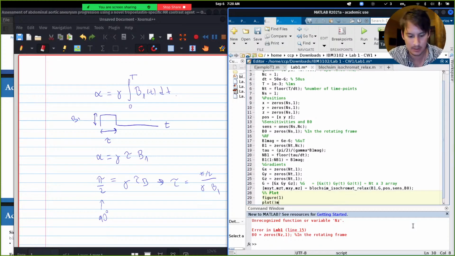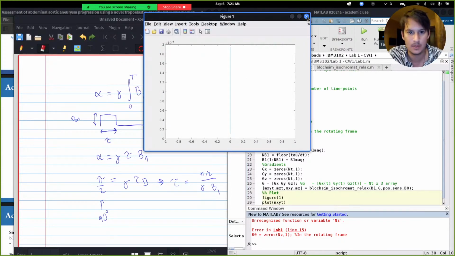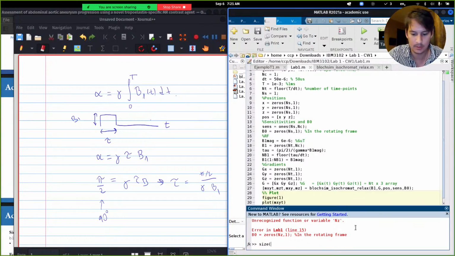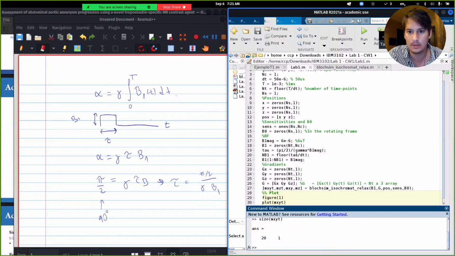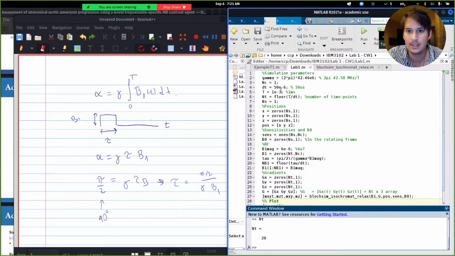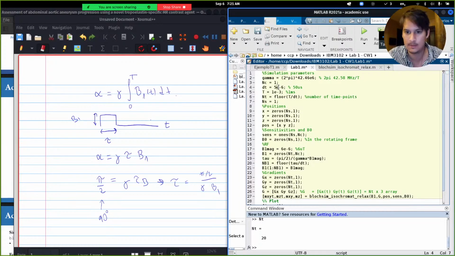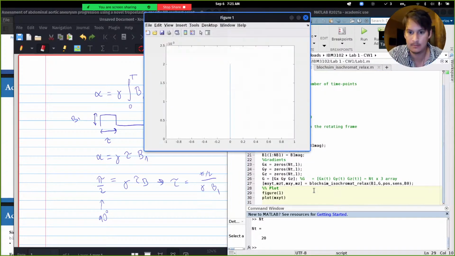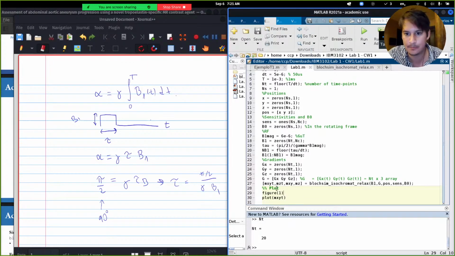Plot mx, mxyt. Size of mxyt is 20. It's only 20 time points? No, that's too little. Let's put 5 now. Okay, there's more. But I think these variables are reversed.